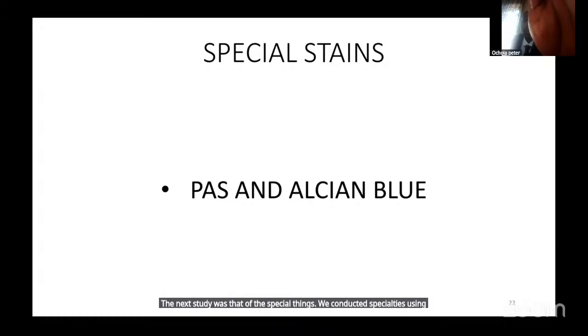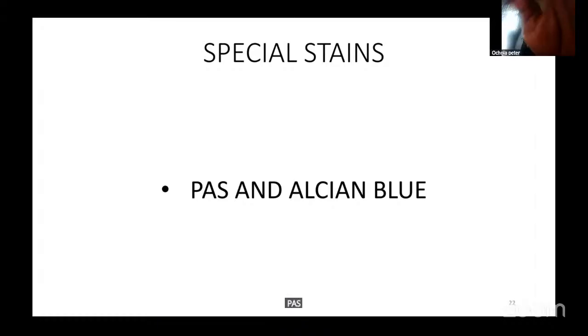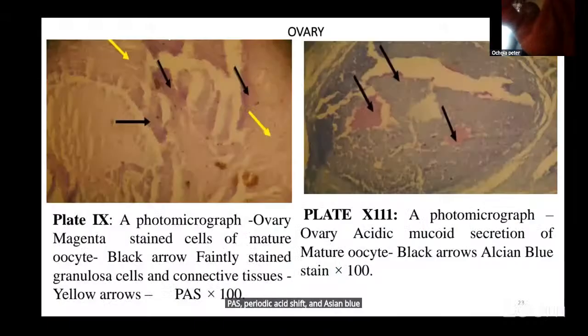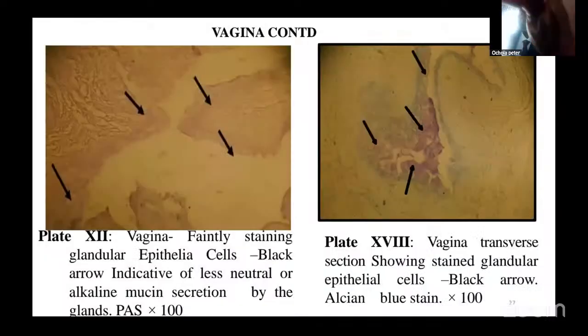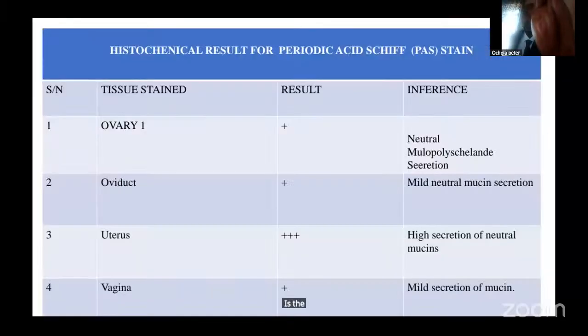The next study was that of the special stains. We conducted special stain studies using PAS, periodic acid Schiff, and Alcian blue stain. And the table, some of the slides are here. Let me go straight to the table. The table here is a summary of the stain using periodic acid Schiff.